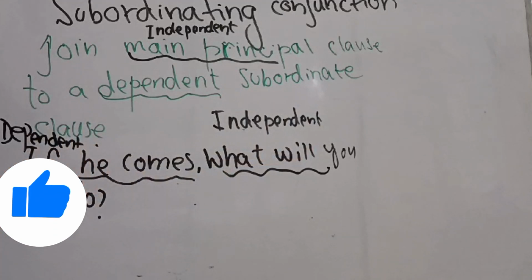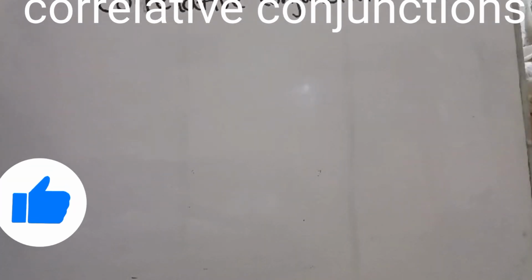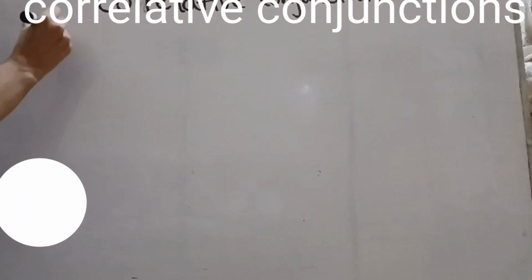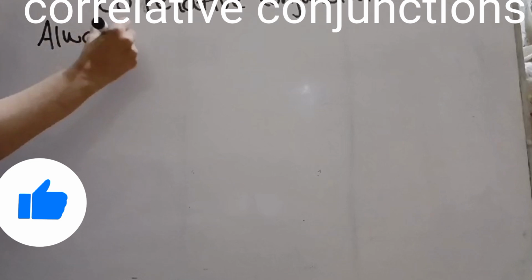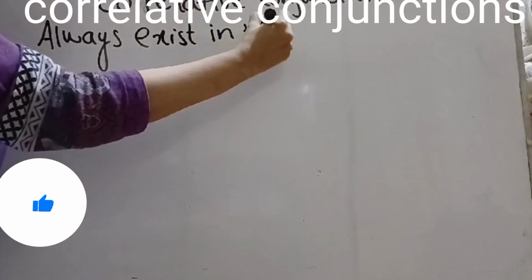Now I'm going to tell you about correlative conjunctions. What are correlative conjunctions? Correlative conjunctions connect equal elements and always exist in pairs.